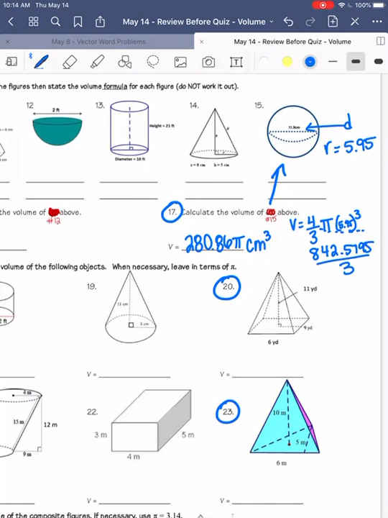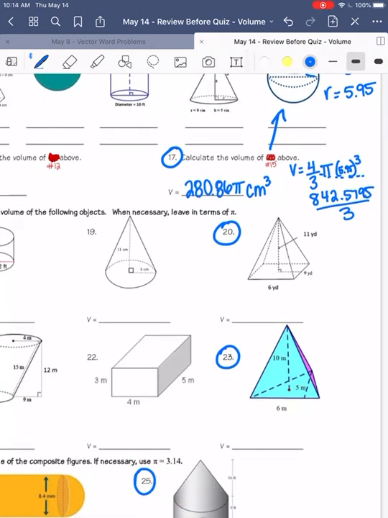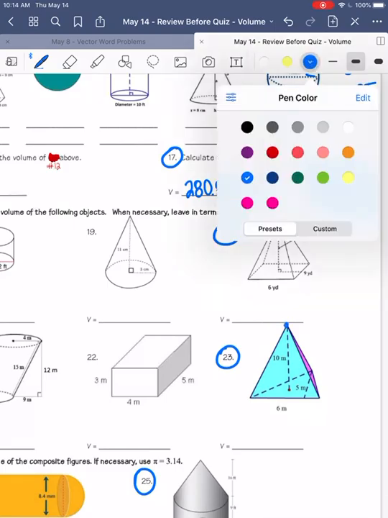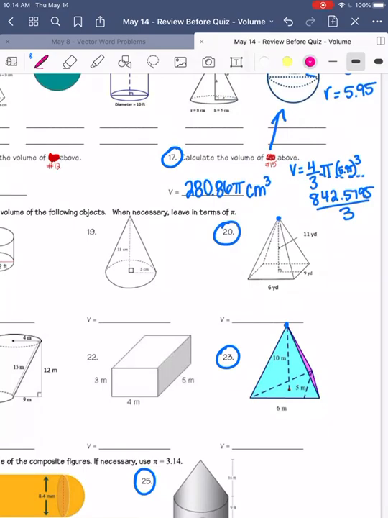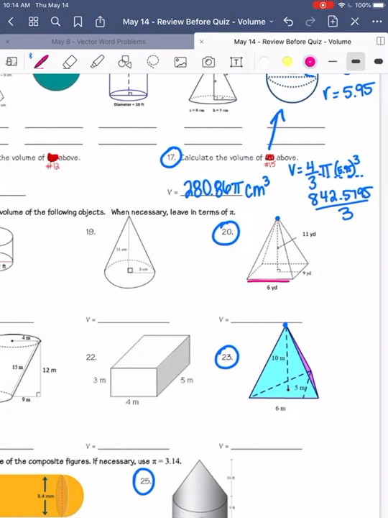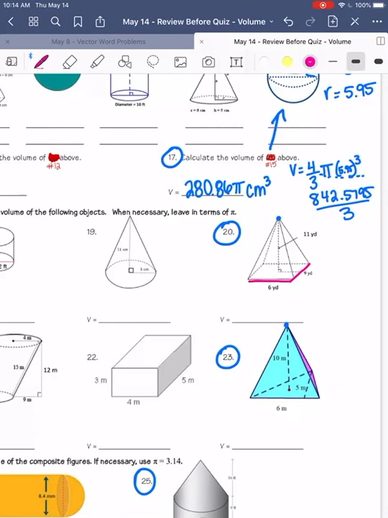Okay. All right, 20 and 23 are both pyramids because they come to a point, okay? But what kind of pyramids, right? Because if we can decide what kind of pyramids, that helps us know how to find big B. So because this is 6 and this is 9, we have a rectangular pyramid. So our capital B is going to be 6 times 9 first, all right?